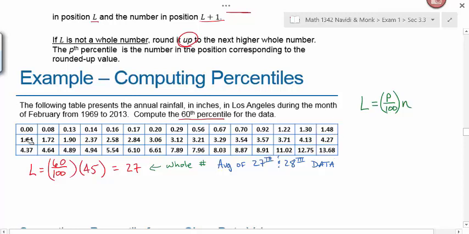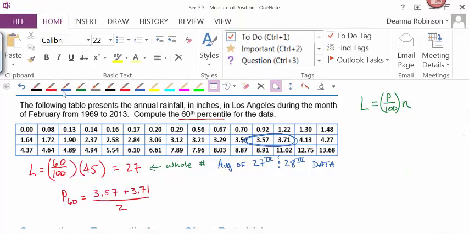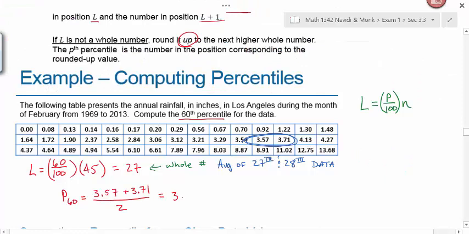There's 15, 16, 17, 18, 19, 20, 21, 22, 23, 24, 25, 26, 27, and 28. I look at these two numbers right here. The percentile score will then be 3.57 plus 3.71 divided by 2. The 60th percentile will be equal to, and what do we get for a numerical answer? 3.64. So 3.64 would be in the 60th percentile.